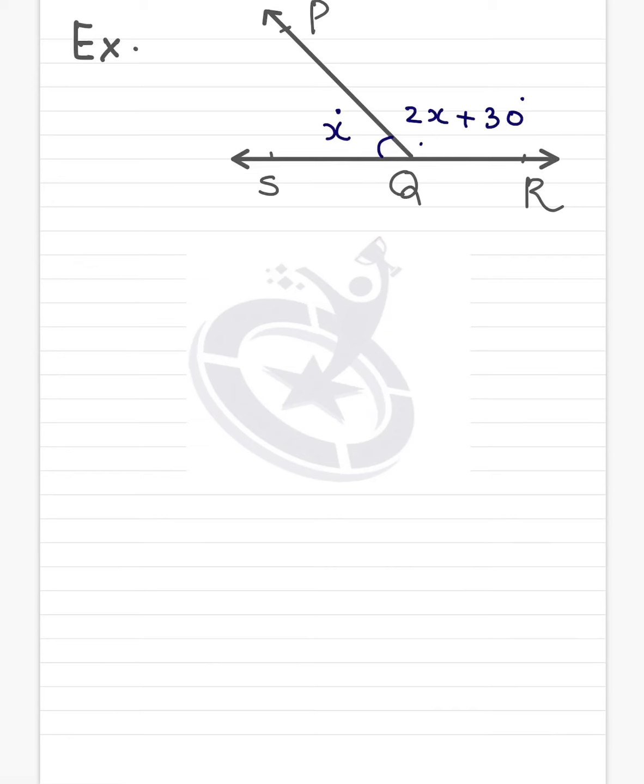Okay? So suppose you have this question. Now in this question you have angle PQR given as 2x plus 30 degrees and angle PQS equals x degrees. And your question is to find the value of x. So how do you solve this now, tell me?